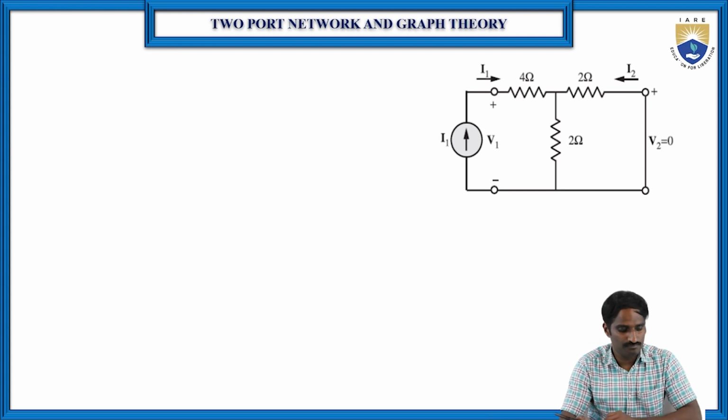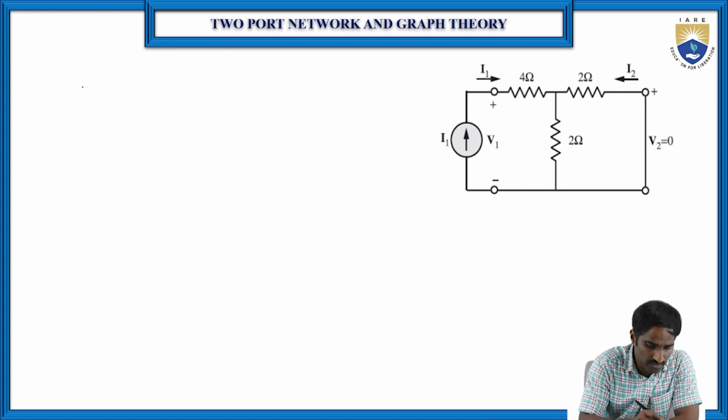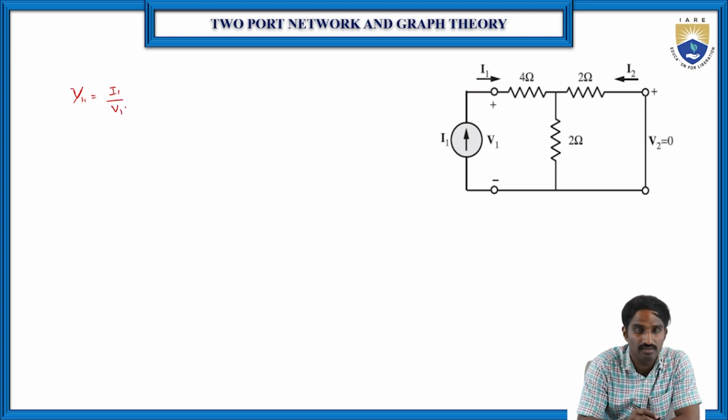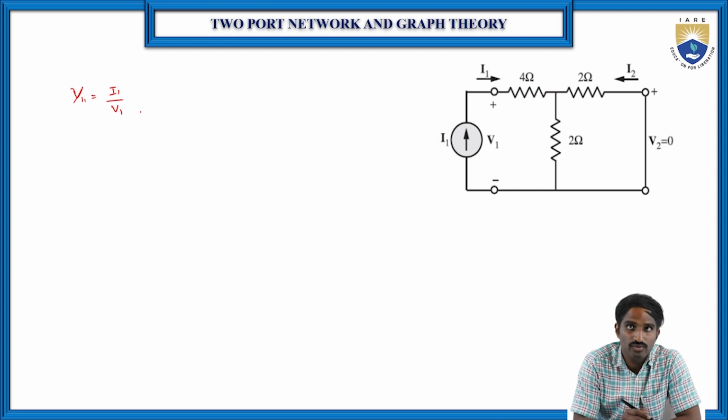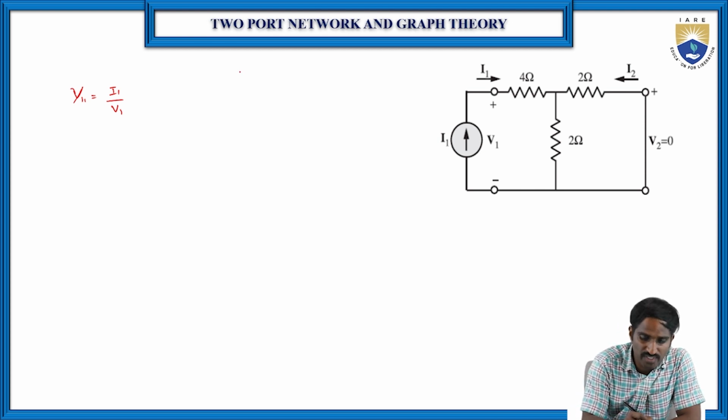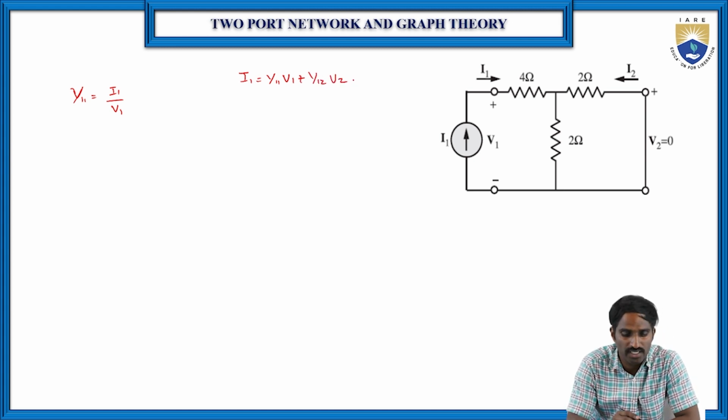As we know here, Y11 is equal to I1 by V1. Also, the admittance parameters are the current equations in terms of voltage: Y11 into V1 plus Y12 into V2.